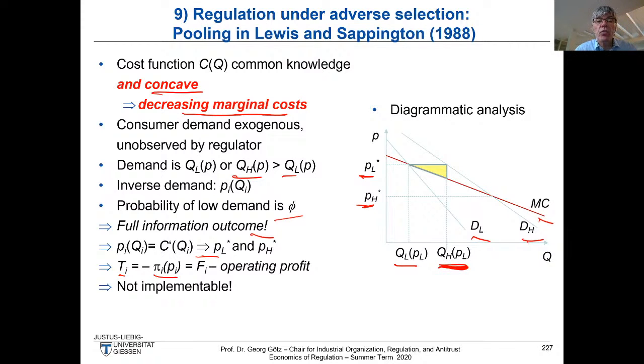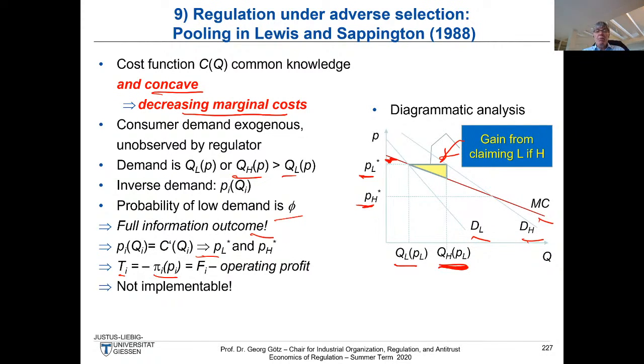So you see, it would make this in terms of operating profit, and it gets this in terms of a transfer plus the fixed cost, and of course this would really be the gain from claiming L if you're high. You have an incentive to deviate from the first best contracts.